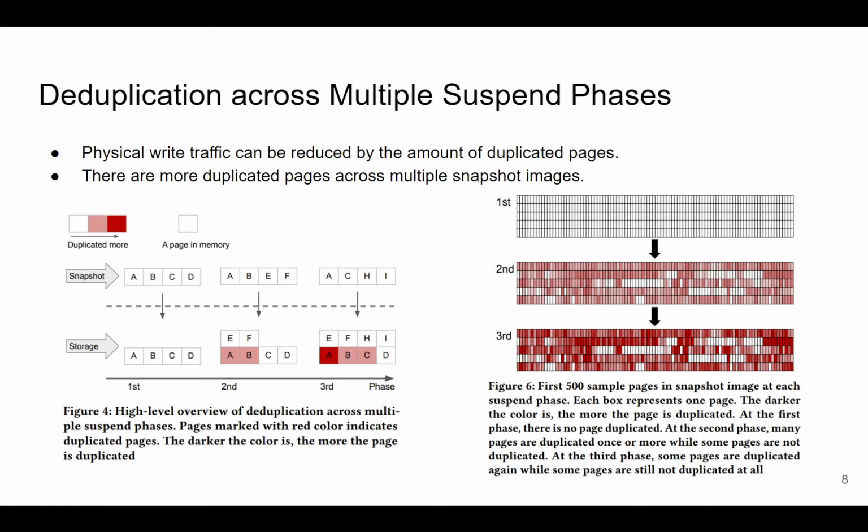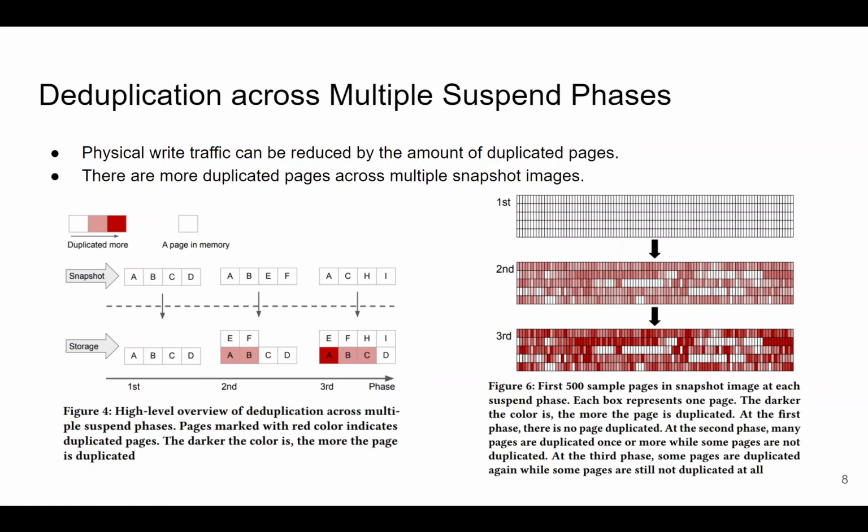Originally, a snapshot image is no longer used for the next suspend phase. It means that the image is created every suspend phase without knowing the previous snapshot image. After some investigation of such snapshot images, we found that some pages across multiple snapshot images are duplicated.